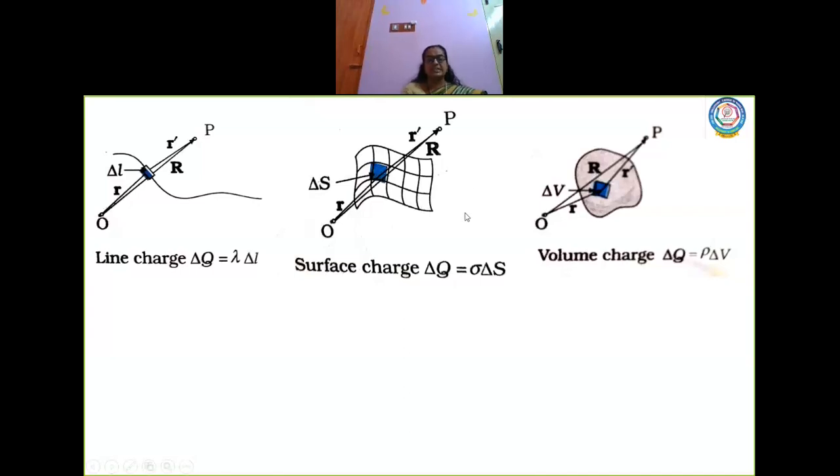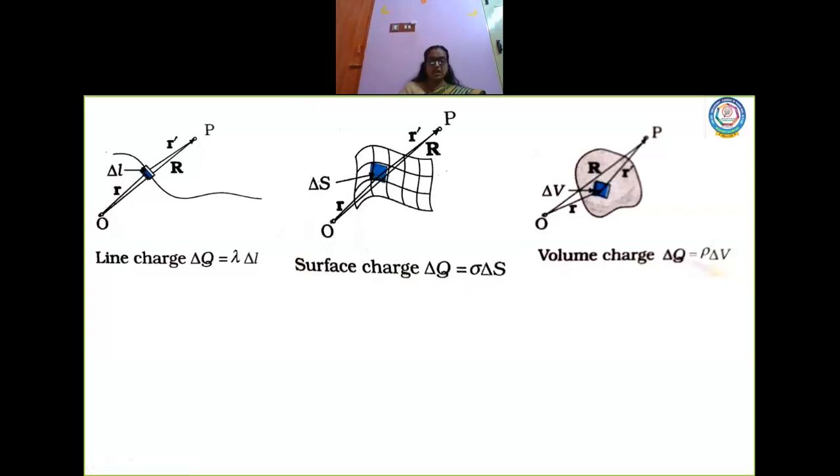So it will be very easy for us to determine the charge distribution. This is nothing but what you call continuous charge distribution. So with this we define for a surface what is called surface charge density.